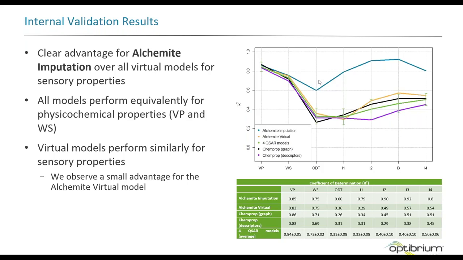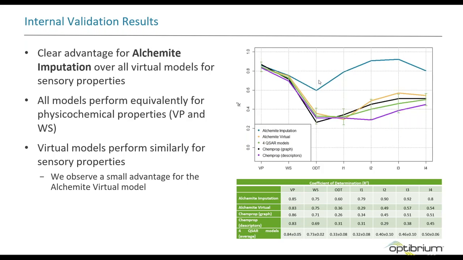The reason is that the imputation model leverages the inter-assay or inter-property correlations in a way that adds extra information on top of the structural information, even if the data is sparse and noisy.